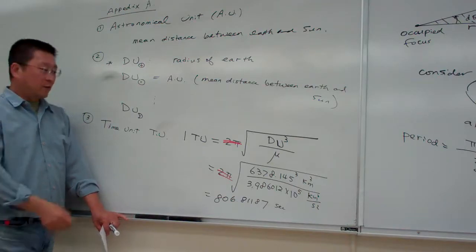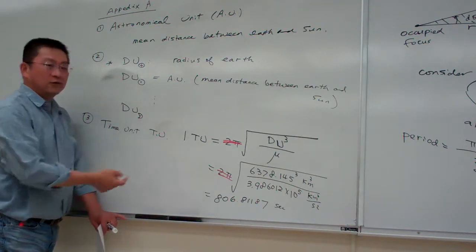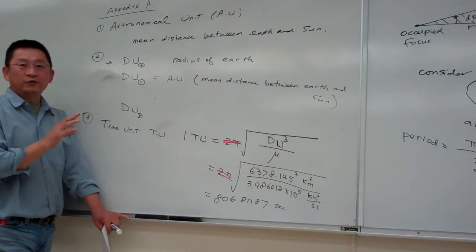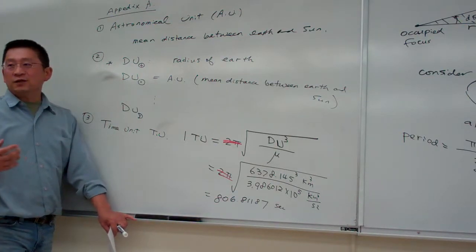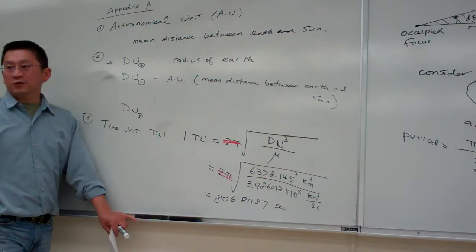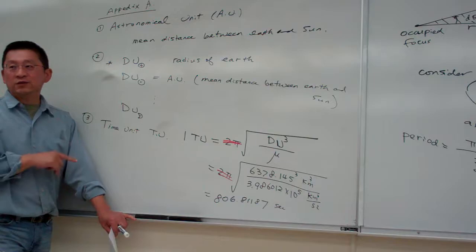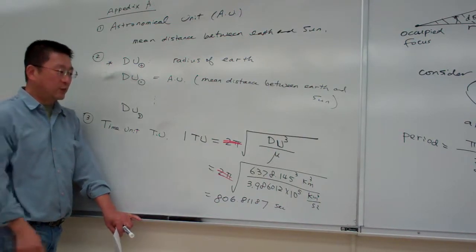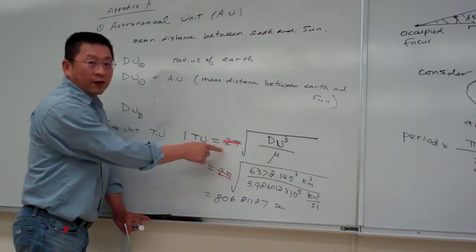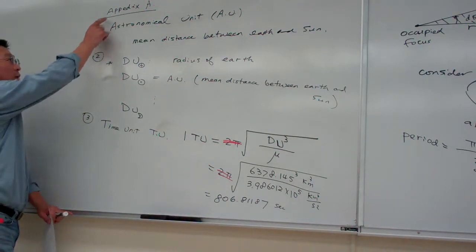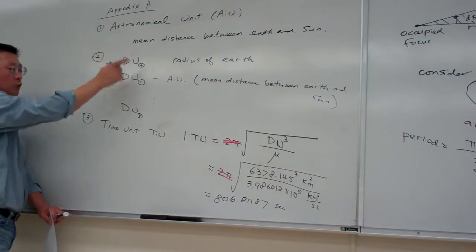If you scale to TU and DU, the numbers are simple when you write something, but sometimes confusion comes from definition. Different textbooks, different people have a different definition of the TU. Some people included 2 pi in their definition, and for that reason, in our textbook appendix, we adopt this one.